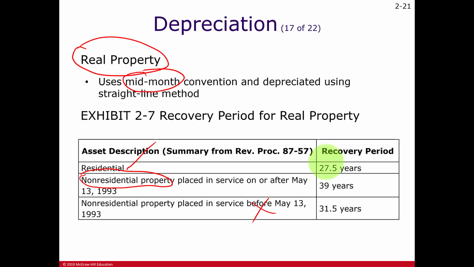We're just interested in these two lives: 27 and a half years for residential and 39 years. Again, non-residential would be an office building, a barn on a farm, a warehouse. And the depreciation rate tables are not using double declining, but the straight line method.